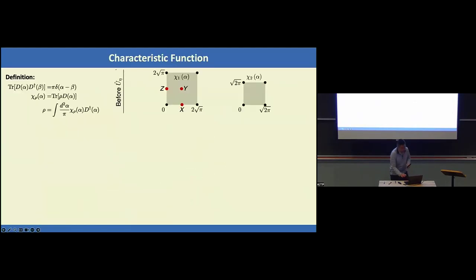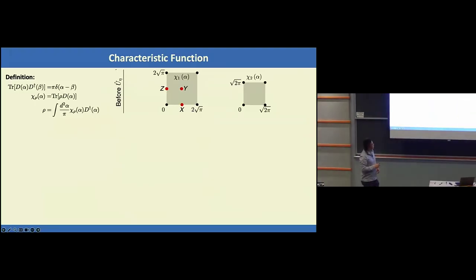This is again for the square lattice GKP, and this is the characteristic function, which is related to the dual lattice. It's basically a Fourier transform of the Wigner function. Here you will see these fixed points at 2 root pi, which correspond to the stabilizers. And half of the stabilizer corresponds to the logical X, logical Z, logical Y.